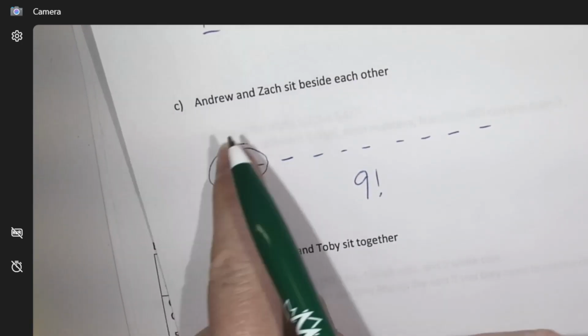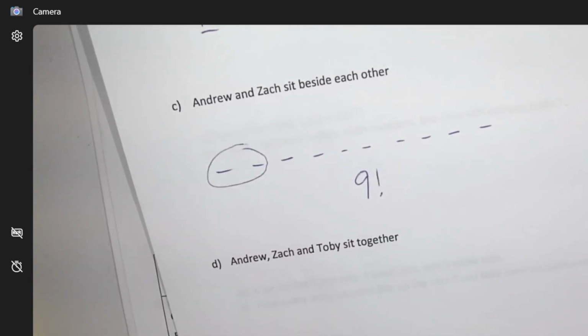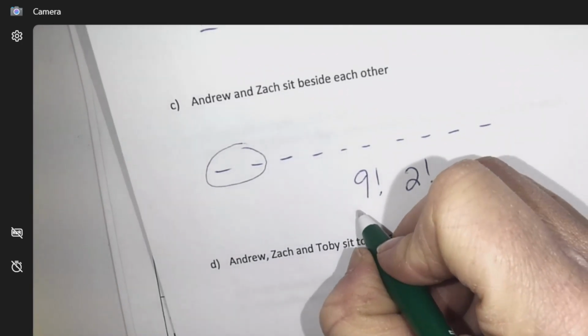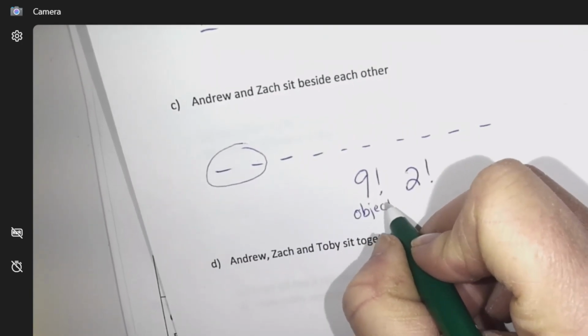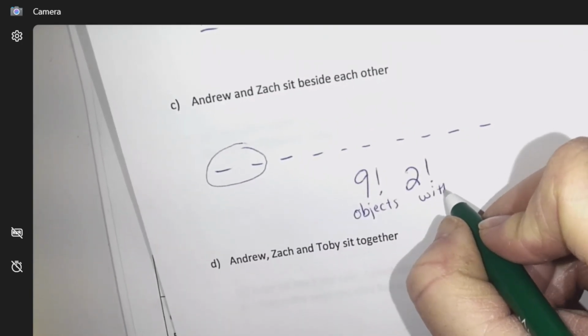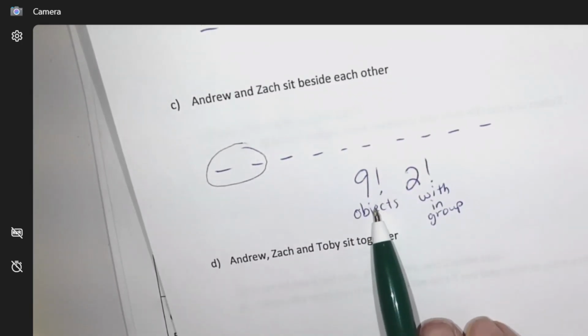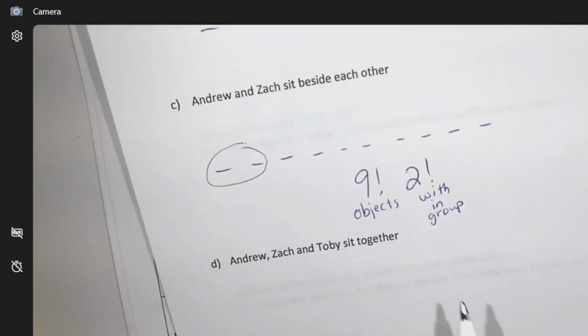So every time I move them, I could also be moving Andrew, Zach, Zach, Andrew side by side. So I could do that as well. So it's kind of like how many objects are you moving around, and then moving within the group yet.